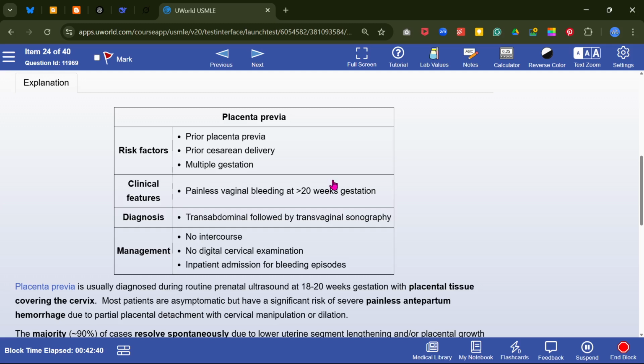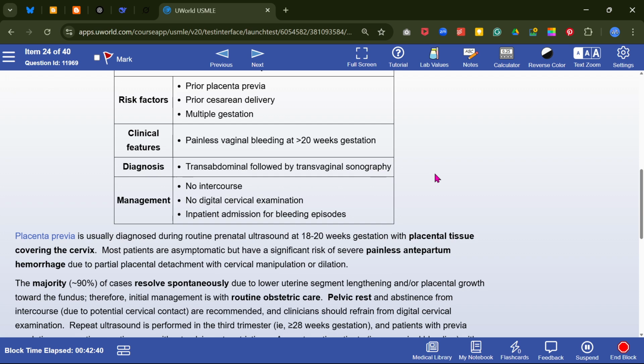Okay. Placenta previa, prior cesarean delivery, and multiple gestation, painless vaginal bleeding at more than 20 weeks of gestation, transabdominal followed by transvaginal sonography, no intercourse, no digital cervical examination, and inpatient admission for bleeding episodes.